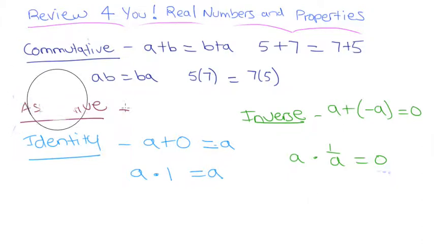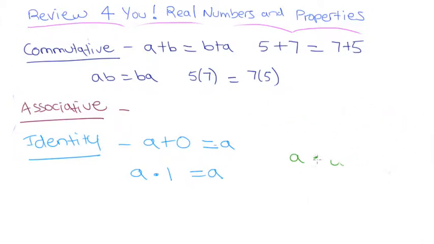Next we will be going over the distributive property. The distributive property says that you can multiply a number and a sum by multiplying each term of the sum by the number and then adding these products. And this will work for subtraction as well. So distributive.